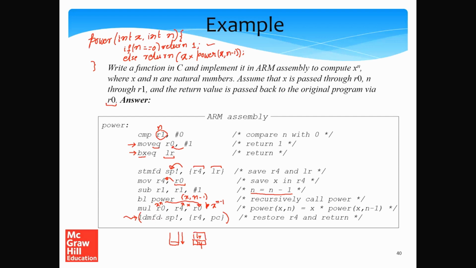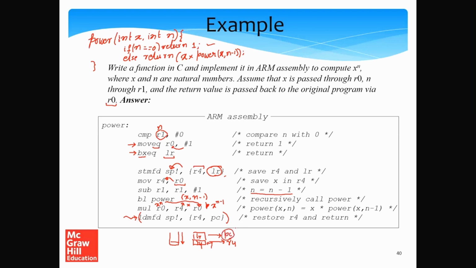Now when we execute the LDMFD instruction, we'll pop the registers in ascending order. So R4 will get popped out and get assigned to R4, which means that the value of R4 is getting restored. Now here is the trick. We have LR over here, but when we next pop out LR, instead of saving it in LR, we actually save it in PC.